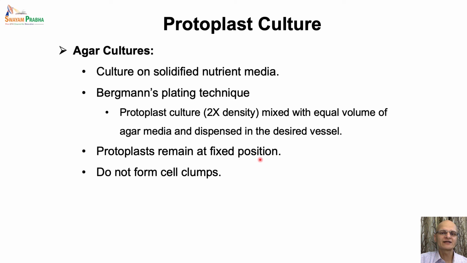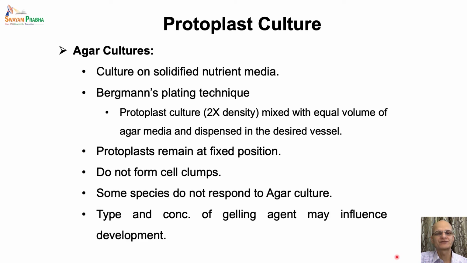Protoplasts remain at the fixed position, divide and form the clones of the same cell. An additional advantage of culturing protoplasts on the semi-solid media is that clumping of the protoplasts may be avoided. However, some plant species do not respond to the culture in the semi-solid state.